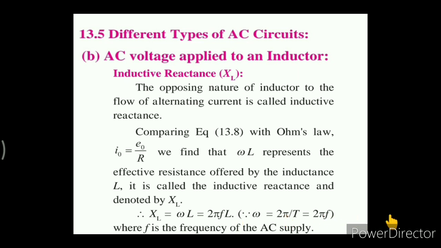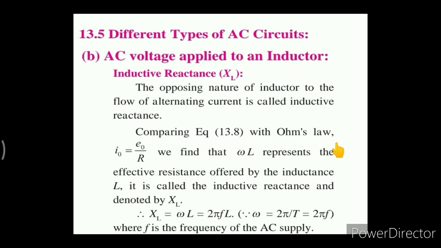So inductive reactance XL is nothing but the opposition offered by the inductor when alternating current flows through it, given as XL is equal to omega L, as we have obtained the opposition omega L by comparing the equation I0 is equal to E0 upon omega L with Ohm's law.